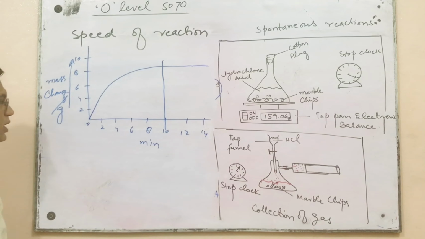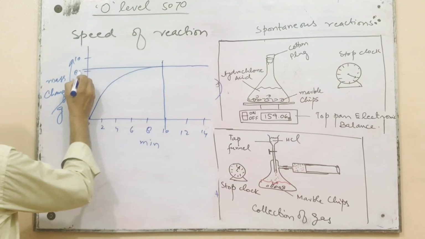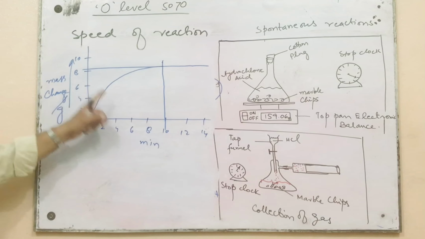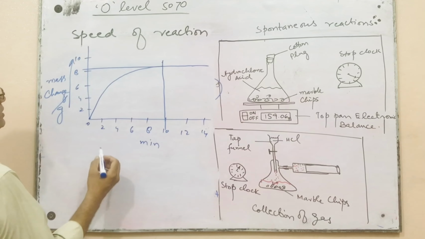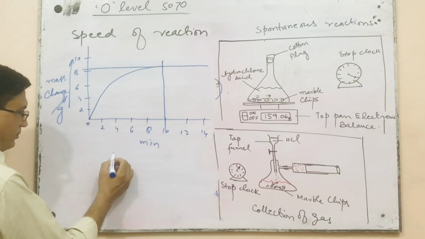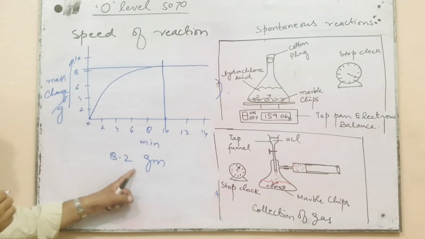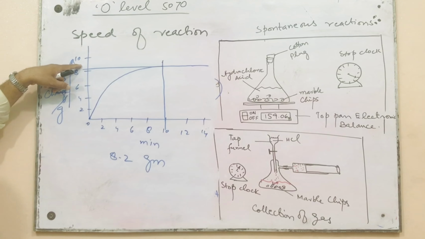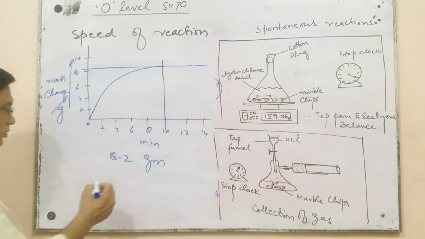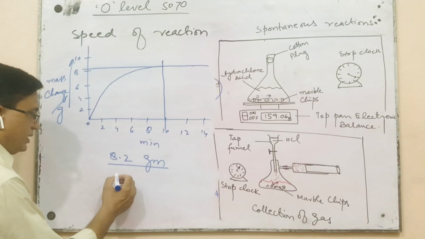Now, if we want to calculate the average rate of reaction, then we will take the total change in mass taking place in 10 minutes. Say it is 8.2 grams. This is the total mass change from initial to this final step. Now we will divide this total mass change by the total time taken, that is 10 minutes.